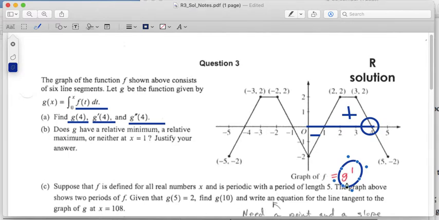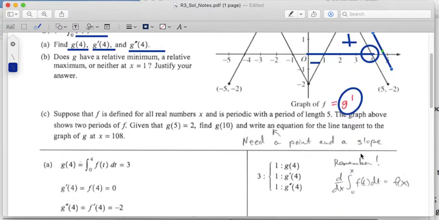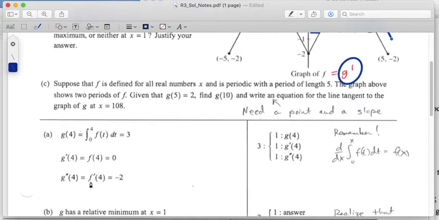And since I have the graph of G prime sitting here, how can I find the derivative of this at some point? Well, to get the derivative off of a graph, you need to find the slope. So G double prime of 4 is the slope of the graph of G prime, which is the same as the graph of f at 4. There's our work.